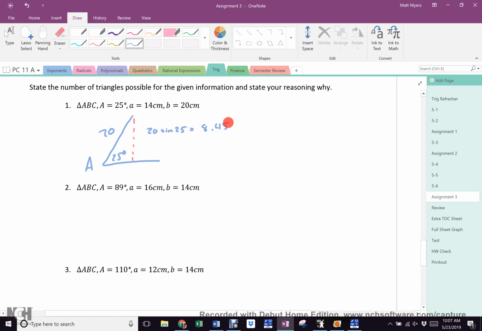Okay, so this line equals 8.45, correct? All right, now, the other side is 14, agreed? All right, so 14 is longer than 8.45, yes? All right, so if I put it right there, does that make a triangle? No, that makes the number 4.